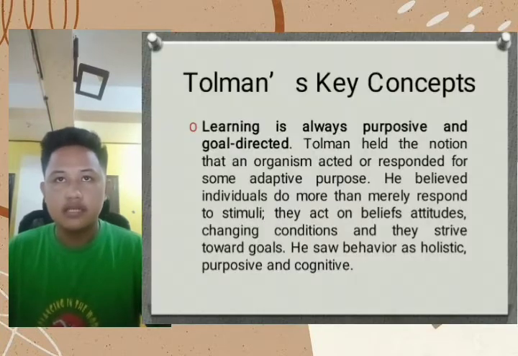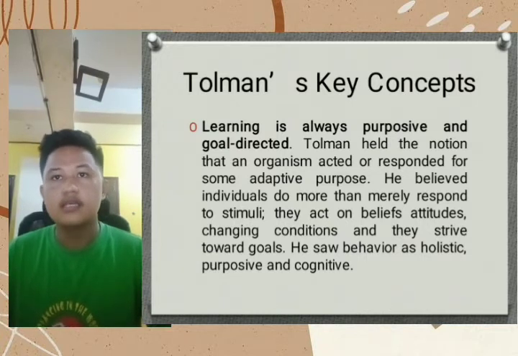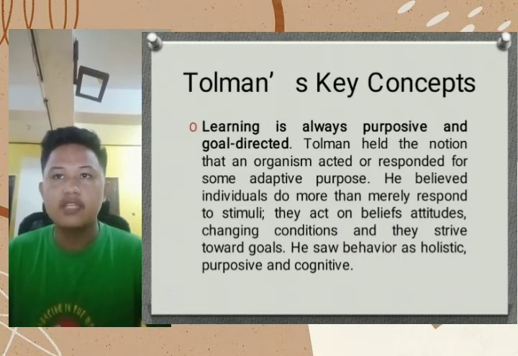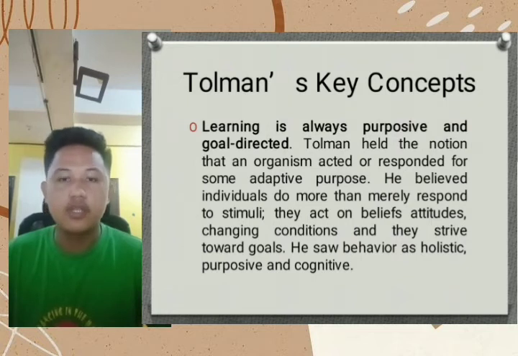Next, Tolman's key concepts. Learning is always purposive and goal-directed. As I've said, if you are learning, then you have a purpose or you are following a goal. Tolman held the notion that an organism acted or responded for some adaptive purpose. He believed individuals do more than merely respond to stimuli.